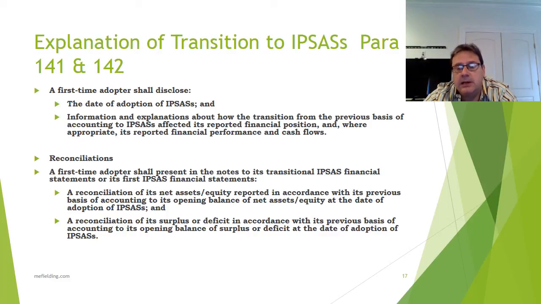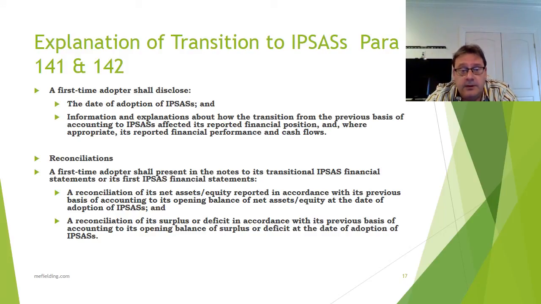Basically, if you remember earlier, assuming that you're still with me at this point, we talked about this idea of the IPSAS adjustments account. So basically, what will do it for you is if you just give a list of all of the material entries which have gone through that IPSAS adjustment account.